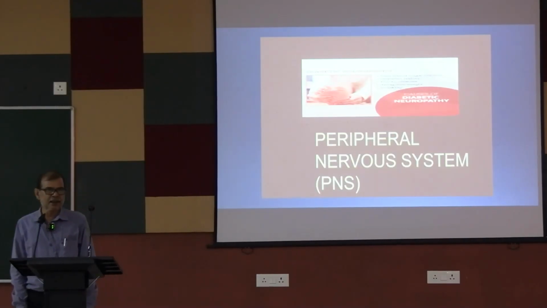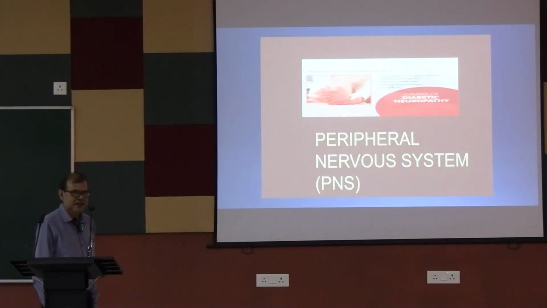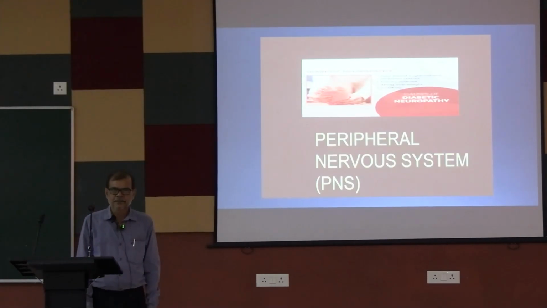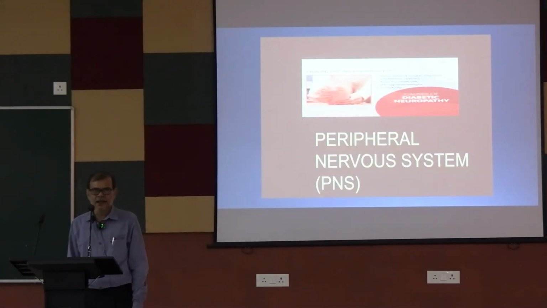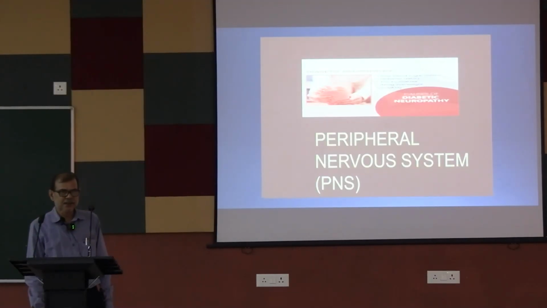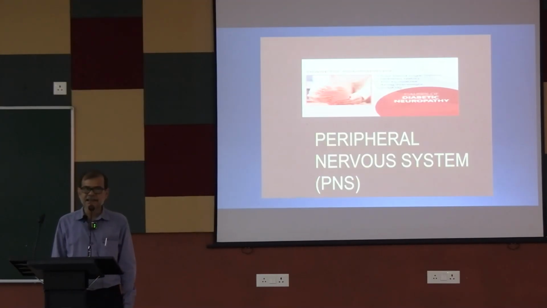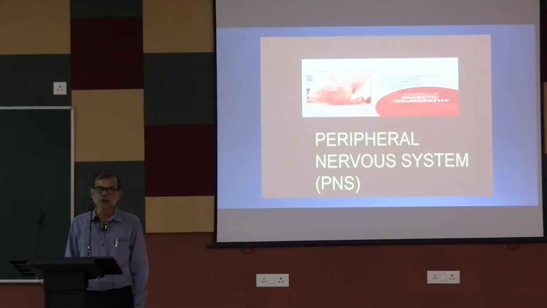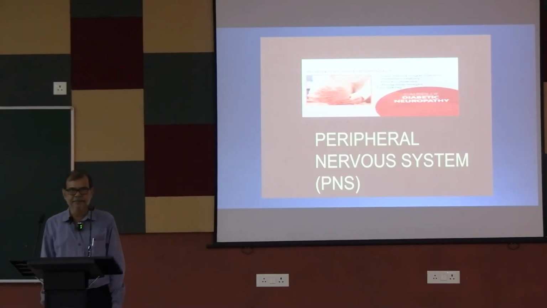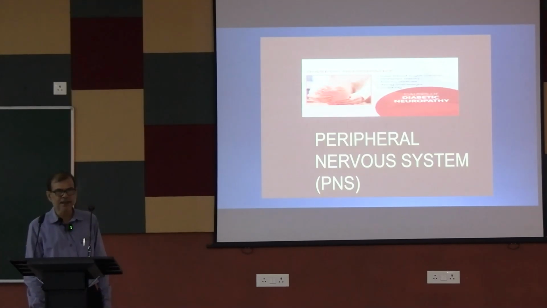The components are cranial nerves, spinal nerves, nerve fibers comprising the peripheral nerves, ganglion, both sensory ganglion and autonomic ganglion, and then the receptors. Now, the peripheral nervous system has been divided into two parts: somatic and autonomic.